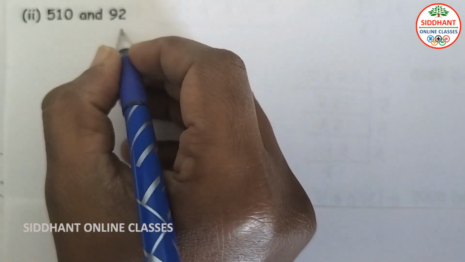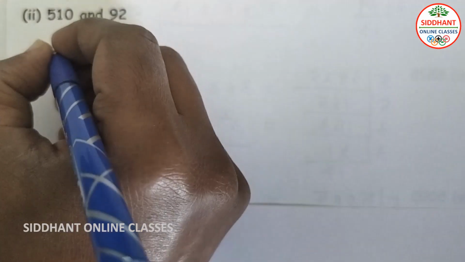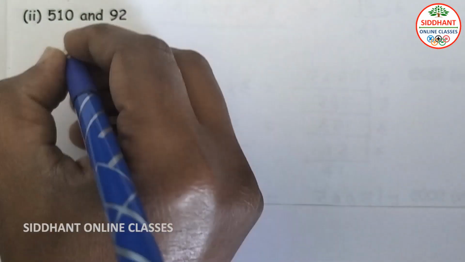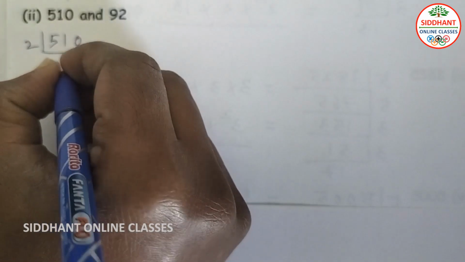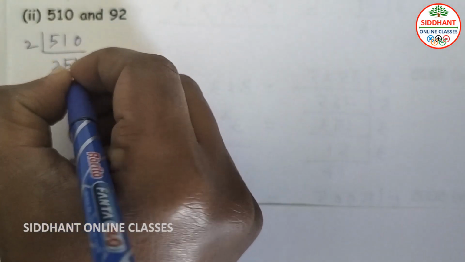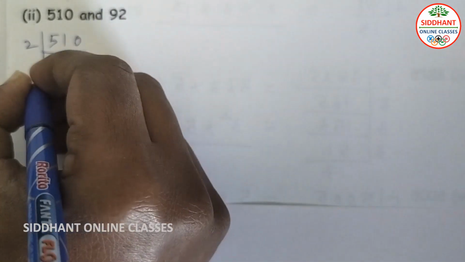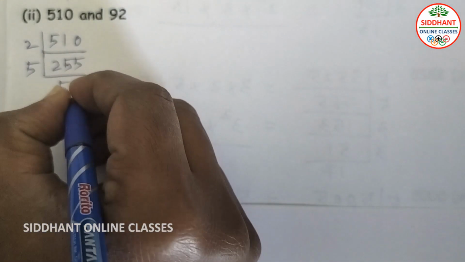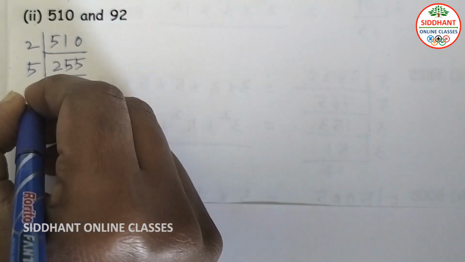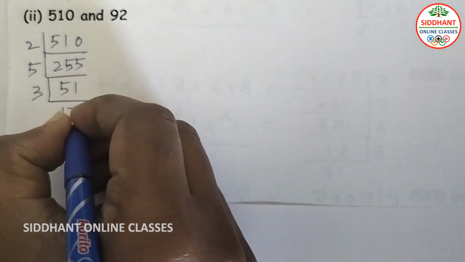Next, 510 and 92. 510 divides by 2, we get 255. Divides by 5, we get 51. Again by 3, we get 17.